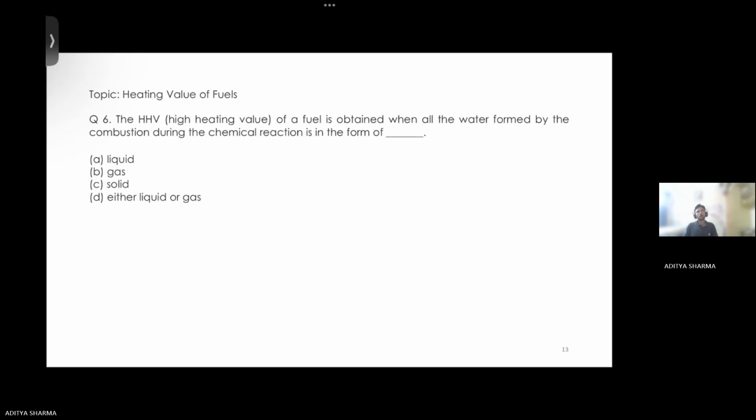So if we know how we define the high heating value of a fuel, we can easily answer this. Fill in the blank. So yes, please try to answer this question.